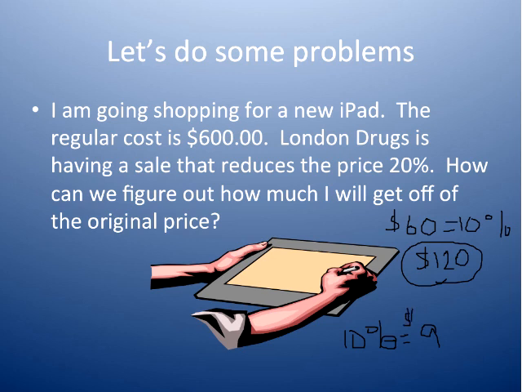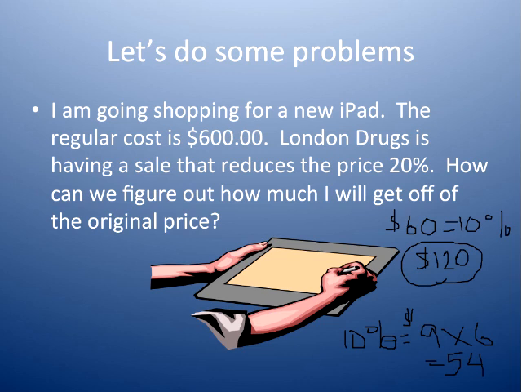Okay. So 60% is going to be how much, William? $54, right? He knows his times figures.